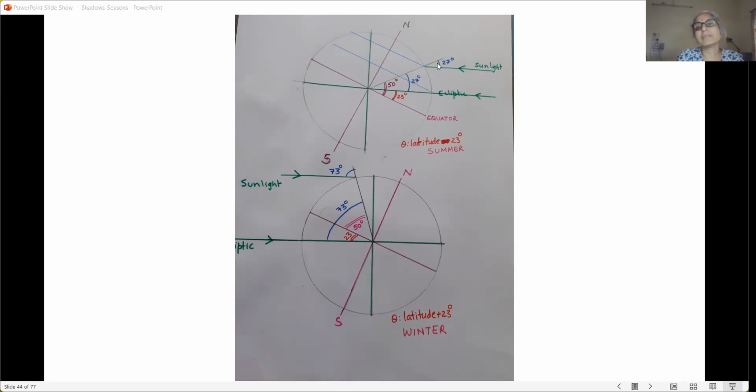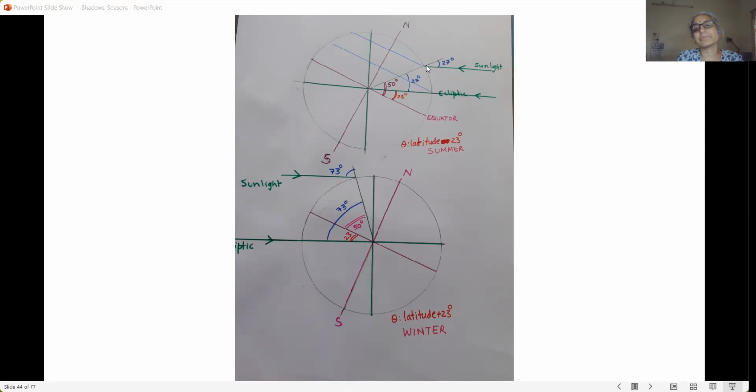Okay, so the sun makes an angle of 27 degrees to the vertical at latitude 50 degrees, and on the winter solstice day, the sun makes an angle of 73 degrees to the vertical at the same latitude.